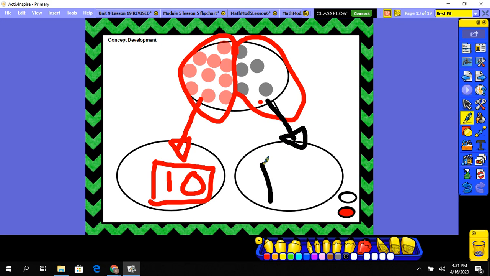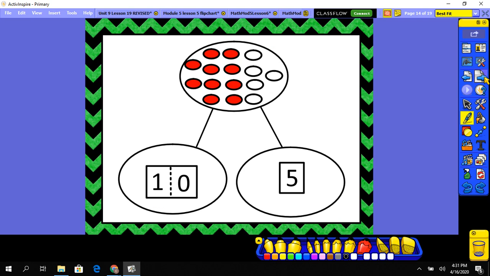What would my hide zero card look like here? 5. Great job. I have a group of 10 that slides down and a group of 5 that slides down. What was my whole amount? 15. I can show 15 as 10, 5. What if I wanted to show my hide zero cards as the whole amount and my beans as the parts?